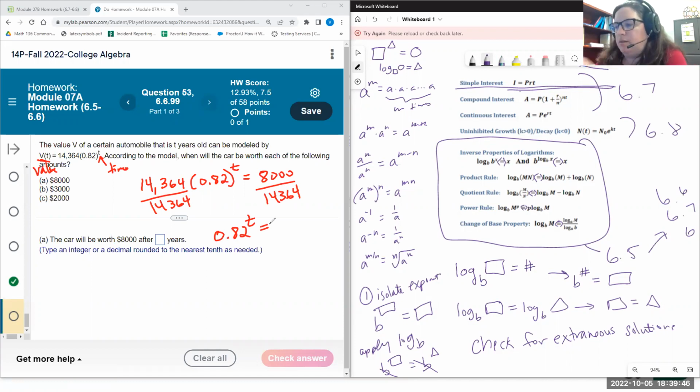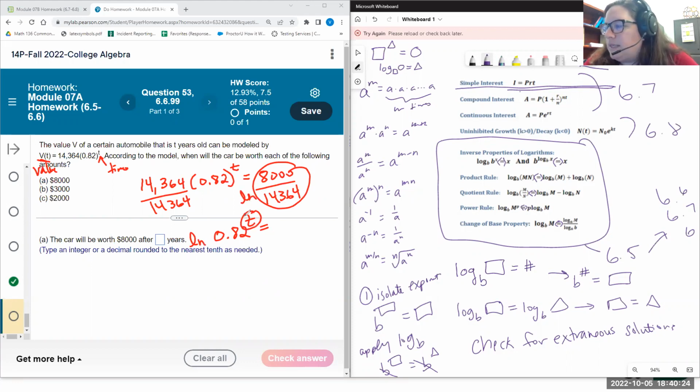Now, the final answer here needs to be rounded to the nearest tenth. My recommendation is don't round anything until the final answer, but if you are going to round, if your final rounding is to the nearest tenth, then maybe round to the nearest hundredth or thousandth or a few decimal points past what the final answer should be. So if you introduce some imprecision, it's not enough to affect the final answer. But 0.82 to the t, I'm just going to say equals this fraction. Then I'm going to apply a natural log to both sides.